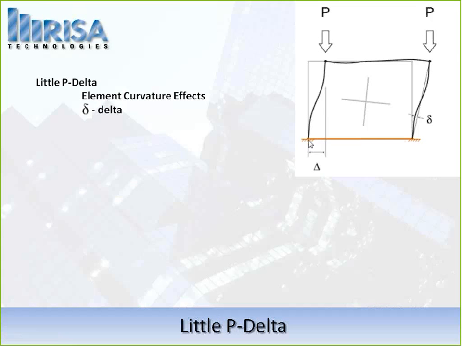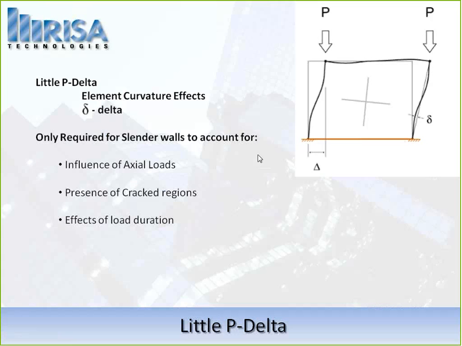If you look at the right side of this wall, see how it's deflecting around where its original location would have been a linear line, but there's a curvature happening. That little P delta effect is trying to account for several different things. We try to account for the influence of axial loads, some of the cracking, and some of the effects of load duration, and all that is what we term the little P delta effects, or minor effects.